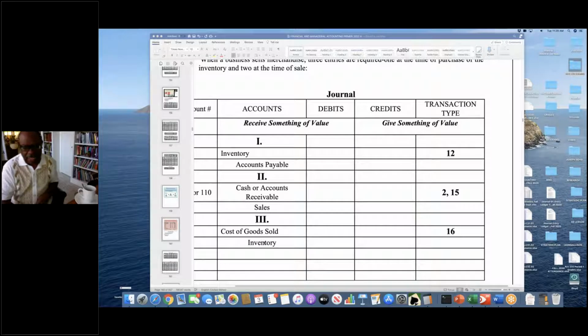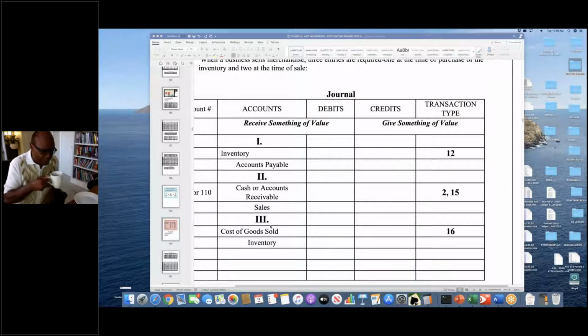So similar to supplies. But here, once we sell them, we move it from inventory to cost. And we certainly want to make sure that our selling price covers the cost, but a similar type concept.